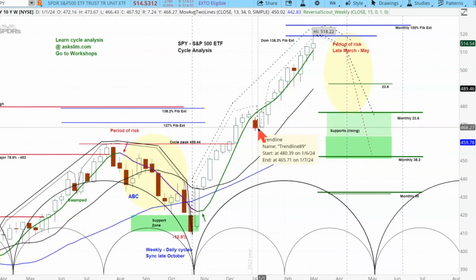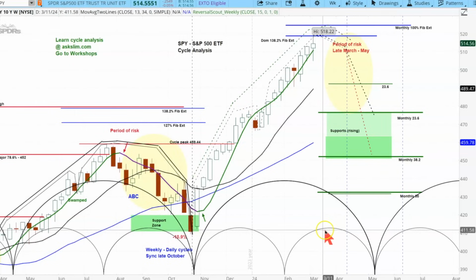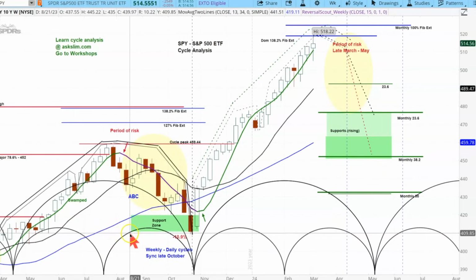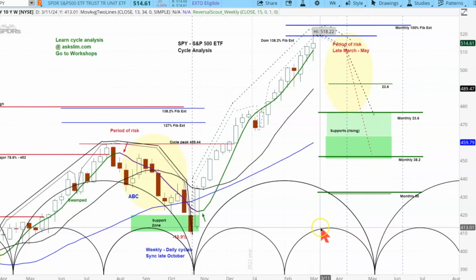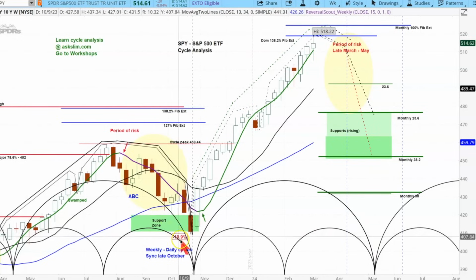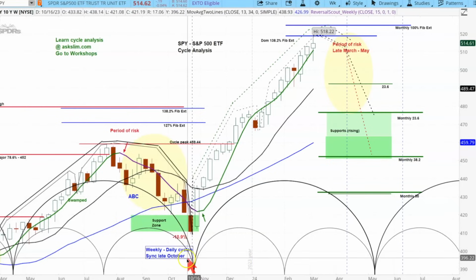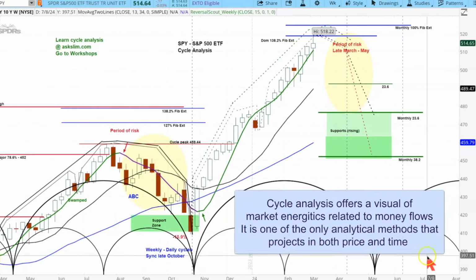So now what happens is that usually when you get into the second half, when it's a very strong market, as you see right over here, it rallies for part of the time, and then what happens is it peaks, and then there's money flowing out in both of the cycles, and when you get that nesting or both of them pushing to the downside, you get the bigger corrections.